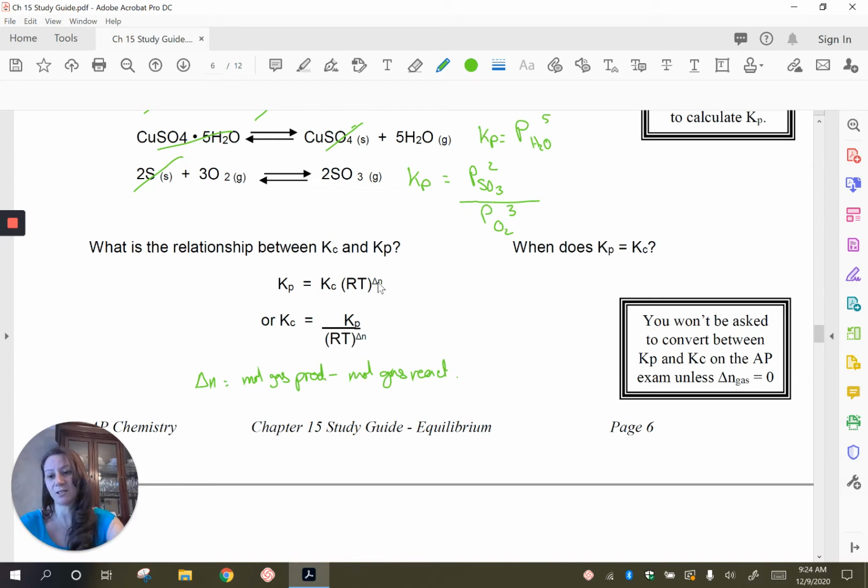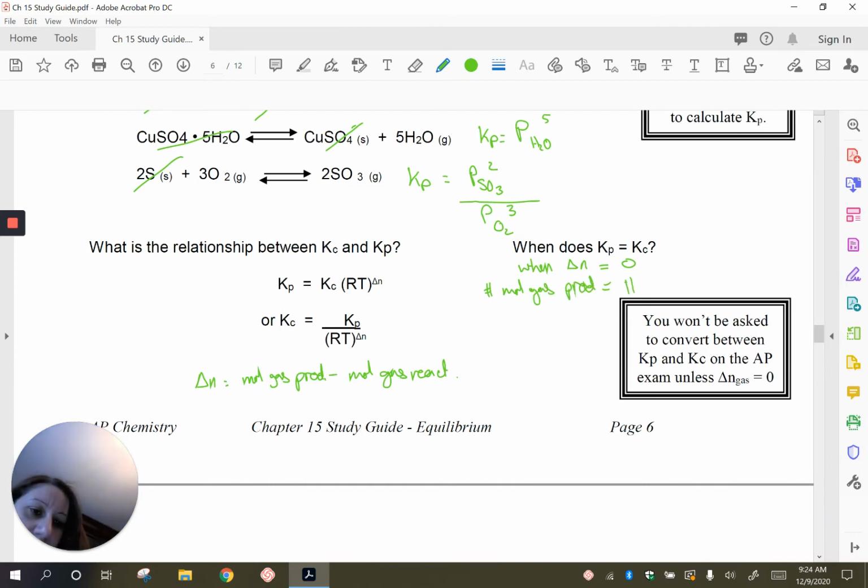That's when Kp is equal to Kc. So that's the only thing that you need to know when you relate them. So when delta n equals 0, the number of moles of gas in products equals the number of moles of gas in the reactants.